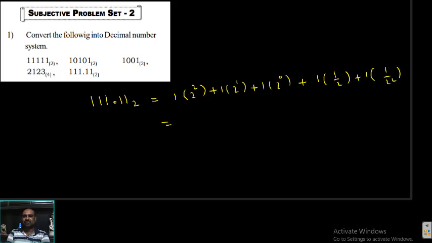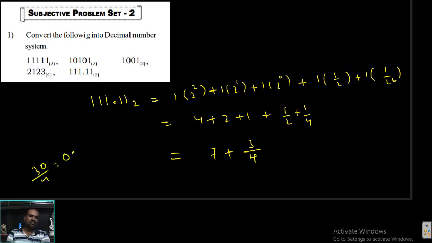So that is 4 plus 2 plus 1 plus 1 by 2 plus 1 by 4. In other words, 7 plus, with LCM 4, 3 by 4.